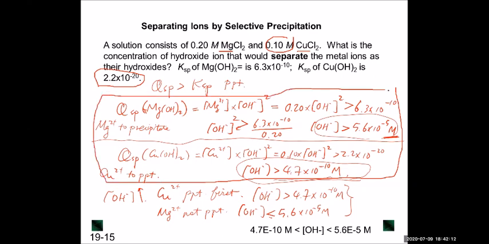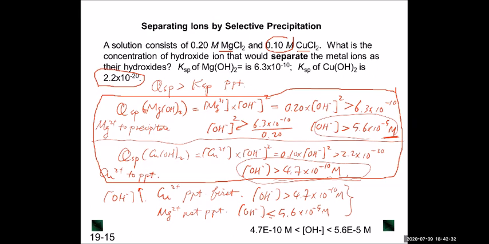The conclusion, which agent we add in and how to separate these two, is secondary. The most important thing is to know how to find the concentration of precipitating ion that causes precipitate.